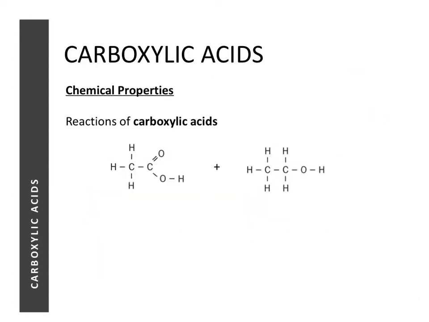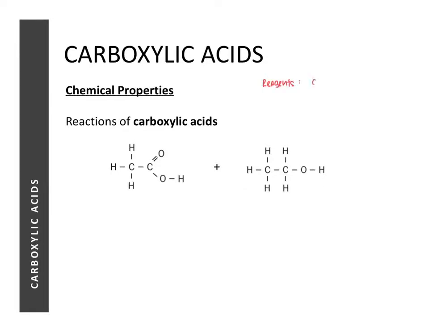Now there's one more reaction that carboxylic acids can undergo, and it is the most important reaction for carboxylic acids. So carboxylic acids can also react with alcohols. This reaction will require again a specific set of reagents and conditions.